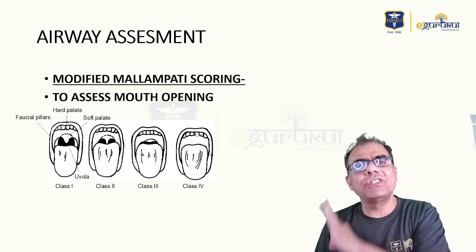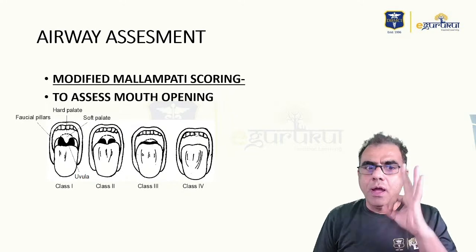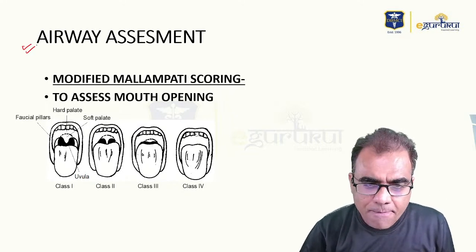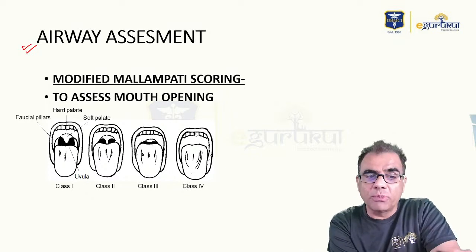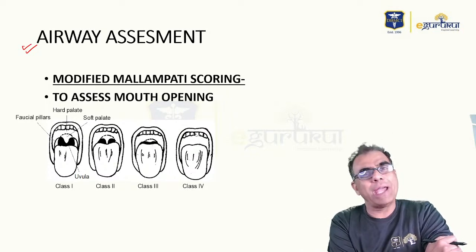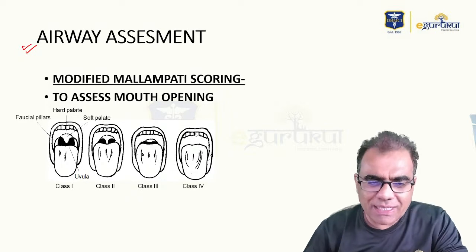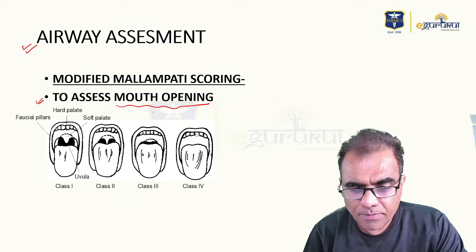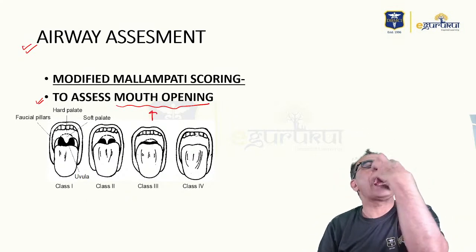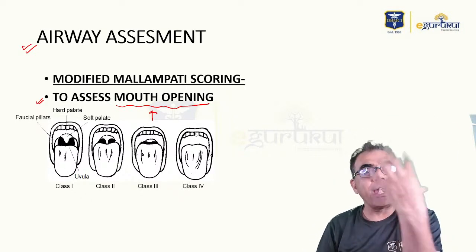Other than that, the additional thing we do is assess the airway, because airway management is absolutely our responsibility. To assess the airway, first we have to assess the mouth opening, because we are putting a laryngoscope in the mouth, so there should be adequate mouth opening.